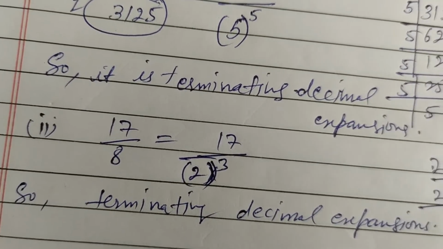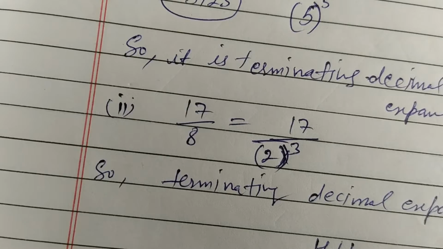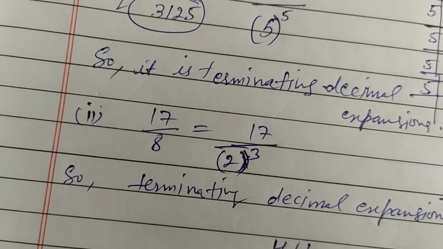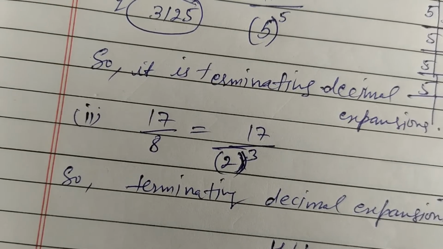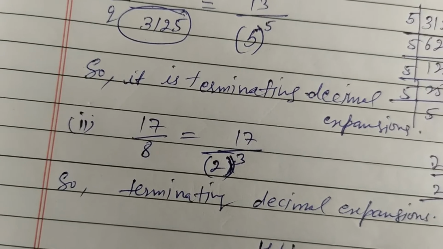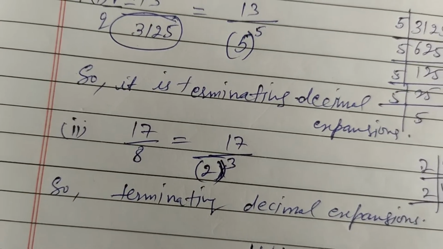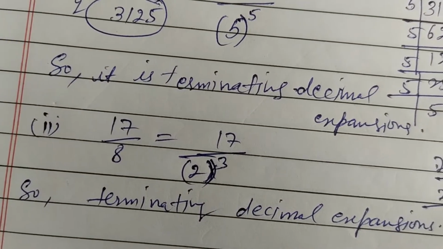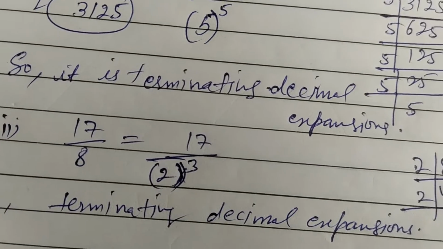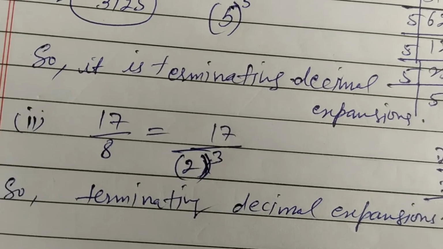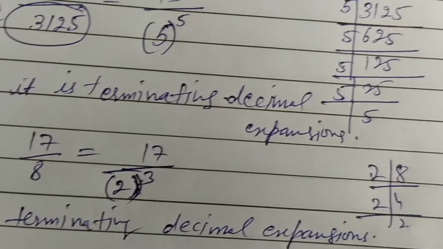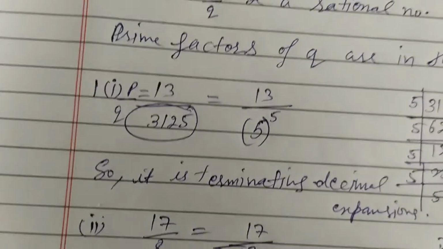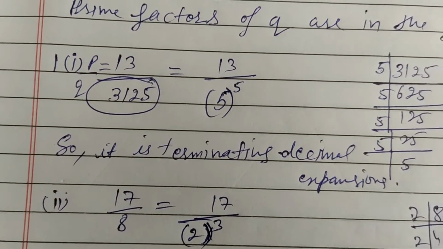What is the standard form? Standard form is when there is no common factor between numerator and denominator. Got it?